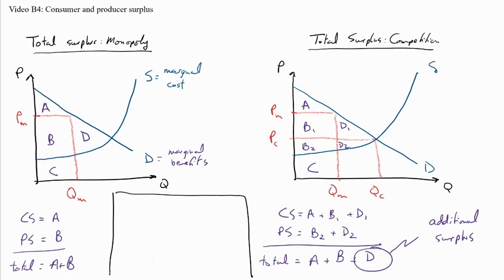We've identified that as an additional economic gain that could be enjoyed by society were it to happen. We label that D, thinking about it in the context of monopoly. We label that as deadweight loss.